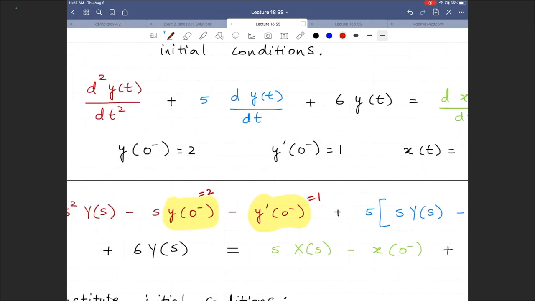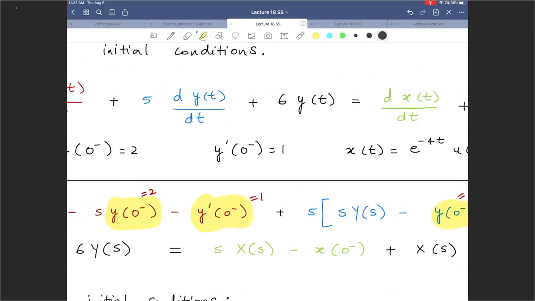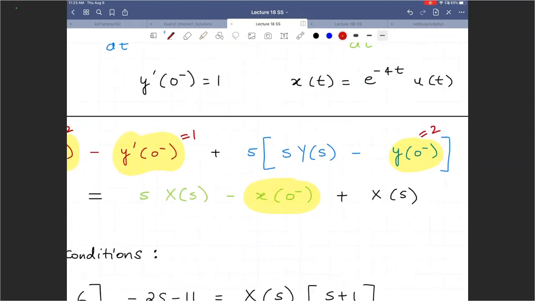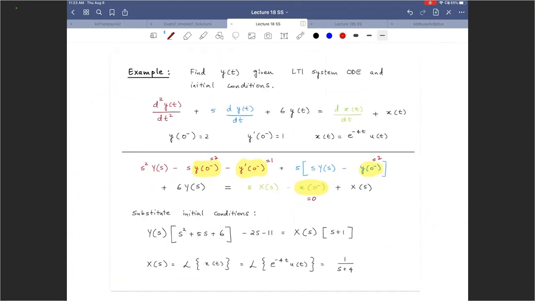What else? I think we can also evaluate this, right? x of 0 minus, what is it going to be? e raised to minus 4t u of t. What is that? Just before time 0, u of t is 0. So that will give you 0 there.